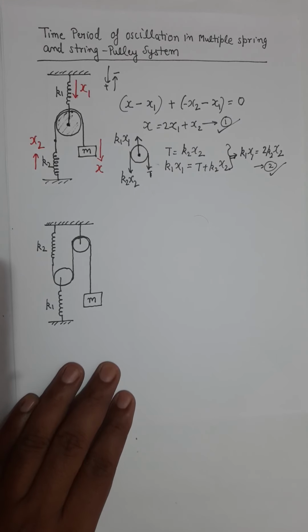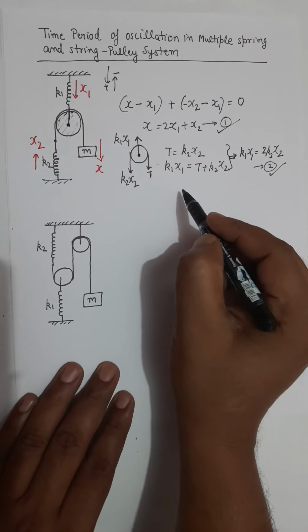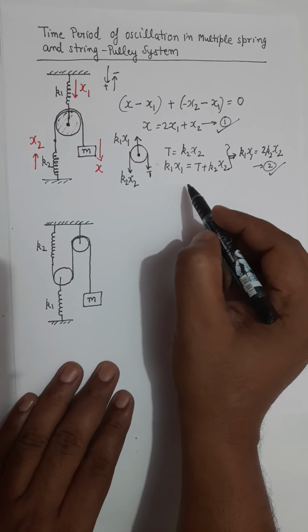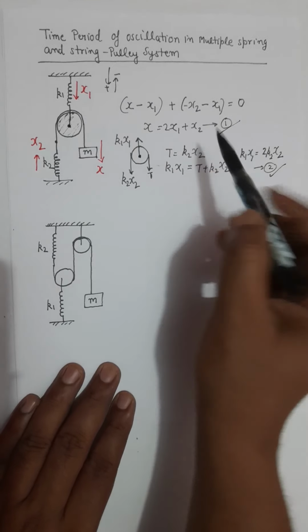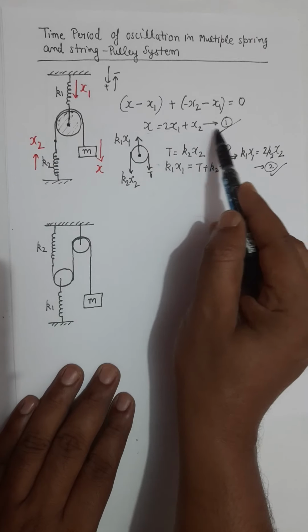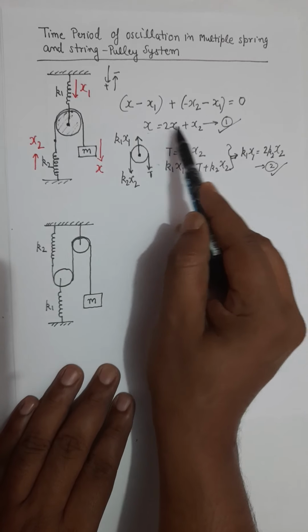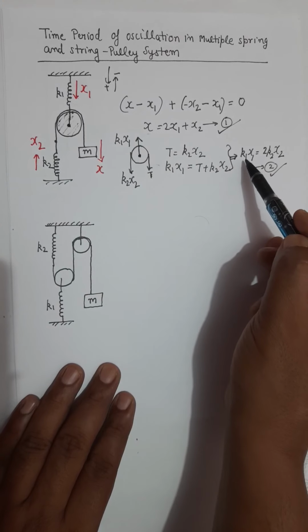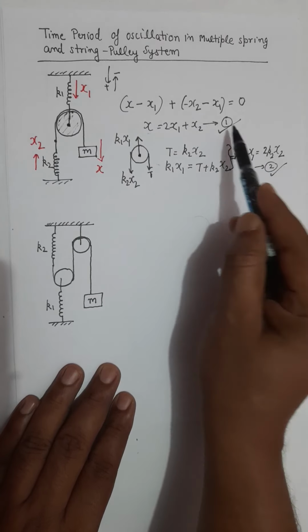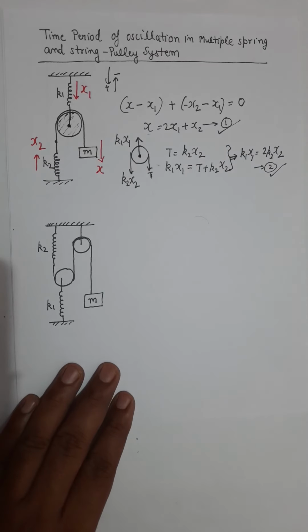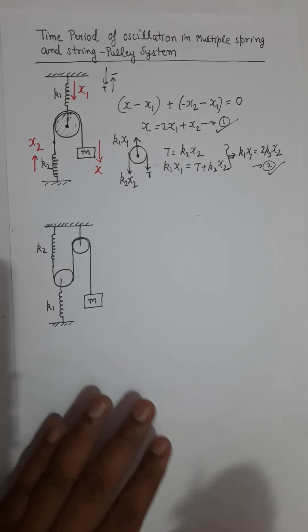Using the concept of simultaneous equations, we can find the value of x2 as well as x1 in terms of this small x. We have 2x1 plus x2 equals small x, and one more equation, k1x1 equals 2 times k2x2. Using these two equations, my target is to find the value of x1 and the value of x2.